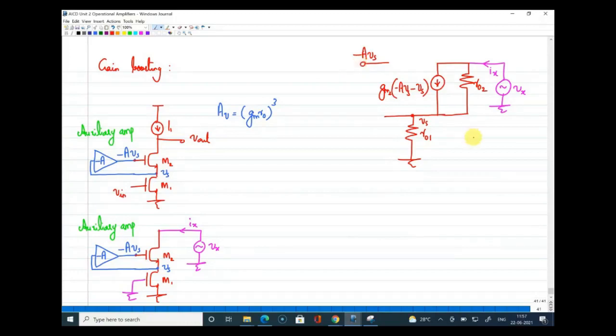So first let me write what is Vs here. Vs can be written as Ix into R01 because Ix is the incoming current. Now, how will I write Ix here? Ix is the sum of two things.